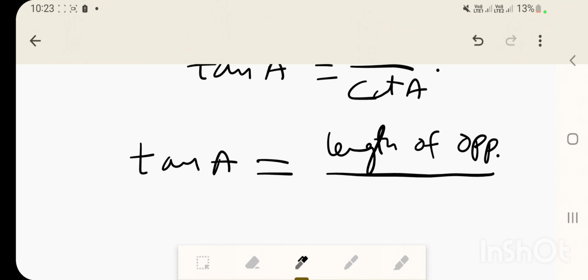the length of the opposite side to the angle for which we want to find the tangent, divided by the length of the adjacent side.